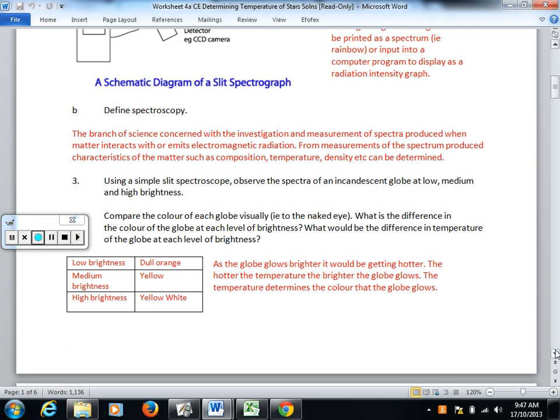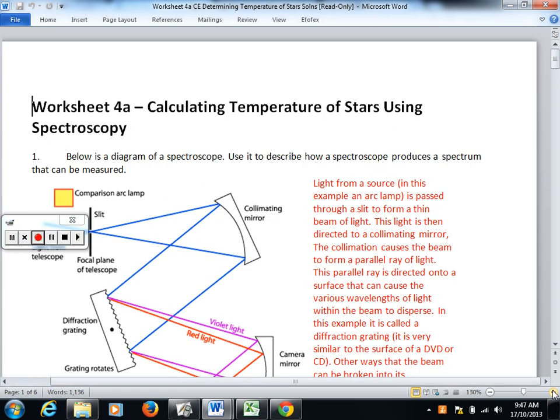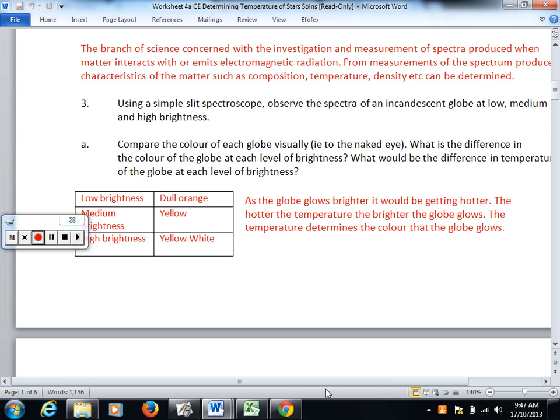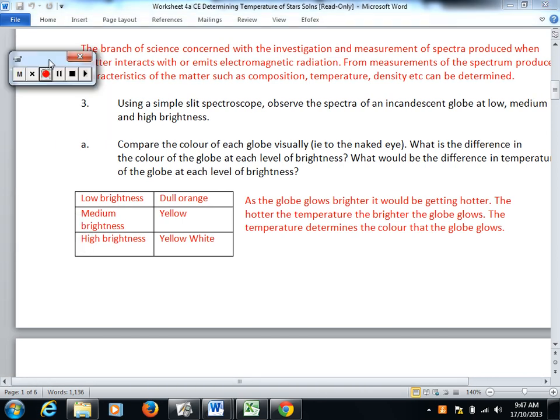Now, yesterday we were together, we were having a look at what was going on when we were looking at spectra through a spectroscope of a light globe that was getting hotter. It asks you to have a look at what would happen as you increase the temperature.